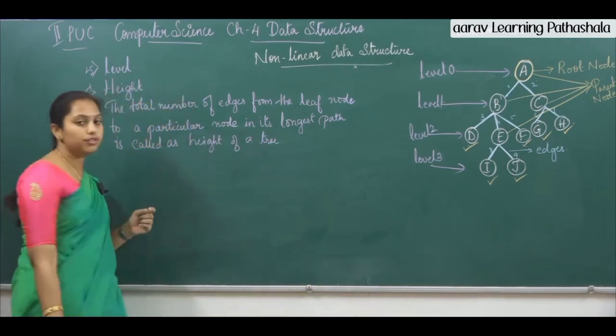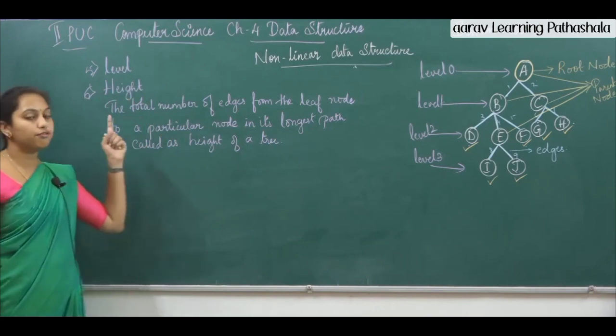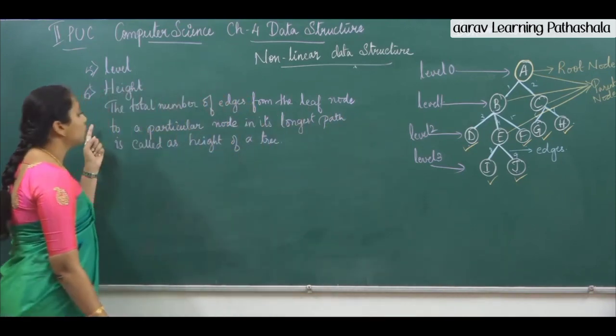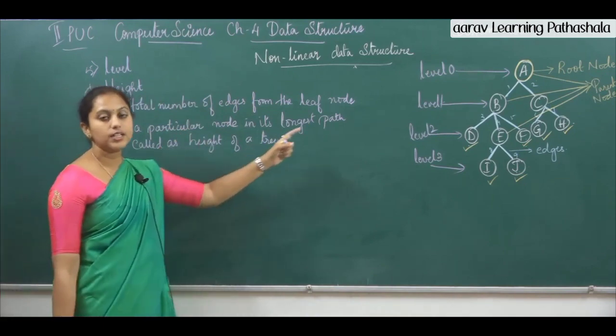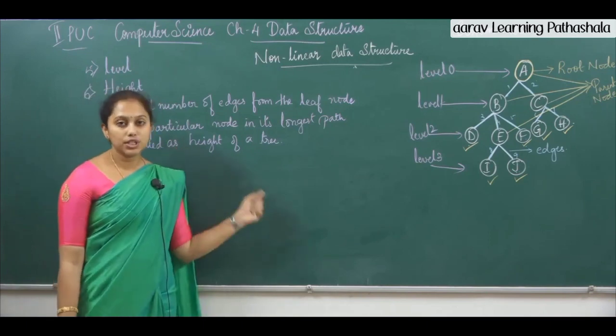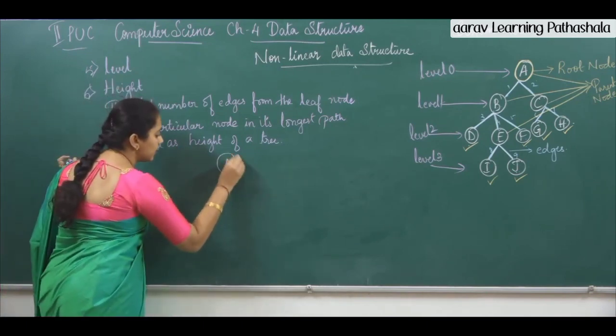So what is the height of a tree? The total number of edges from the leaf node to a particular node in its longest path is called the height of a tree.